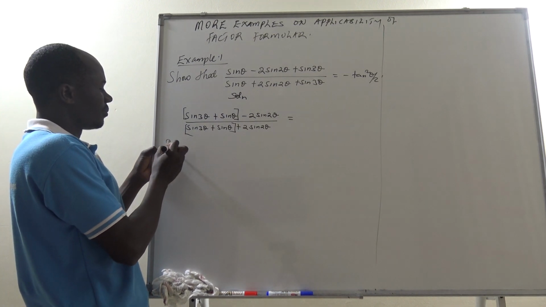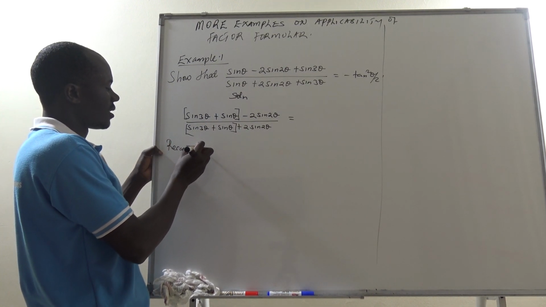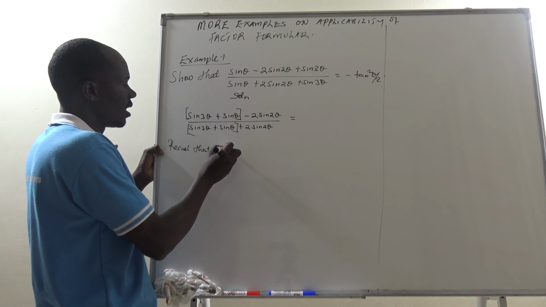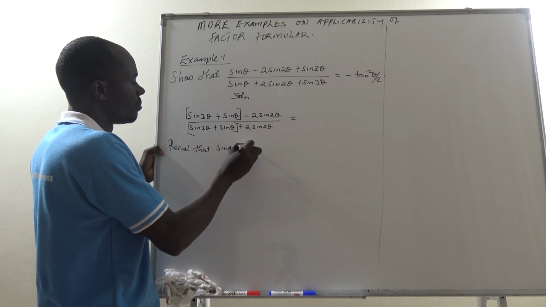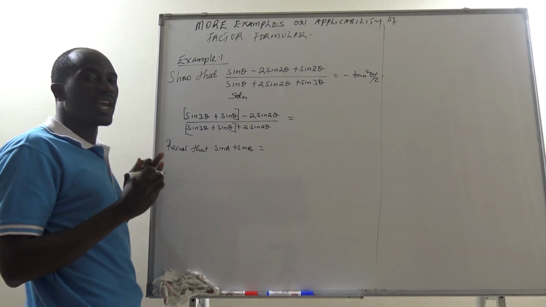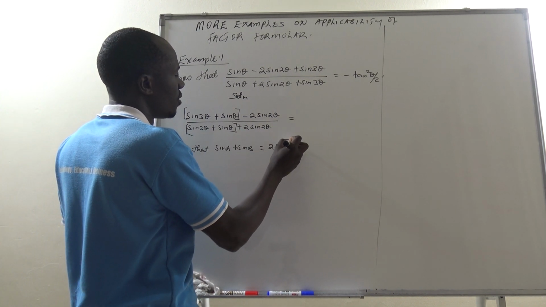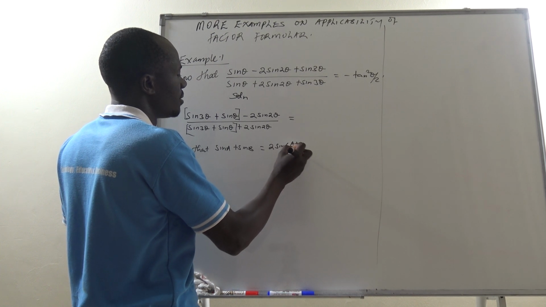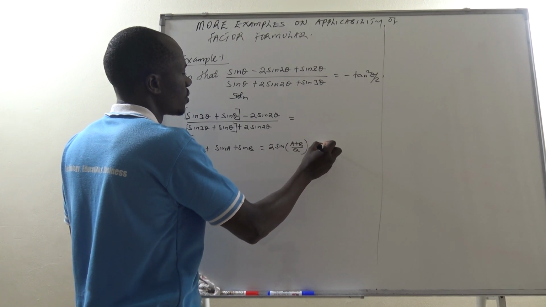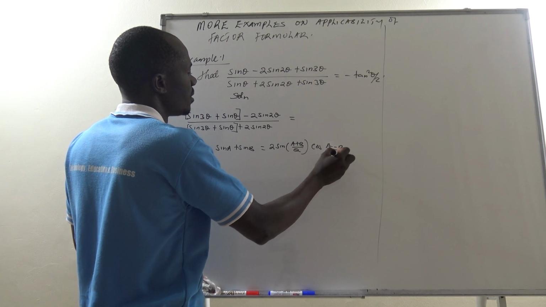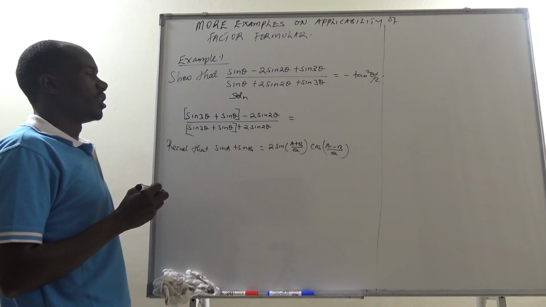Again recall that sin A plus sin B, when we are dealing with sin plus sin, we come out with 2 sin of (A plus B) by 2 cos of (A minus B) by 2. You remember what we did there.